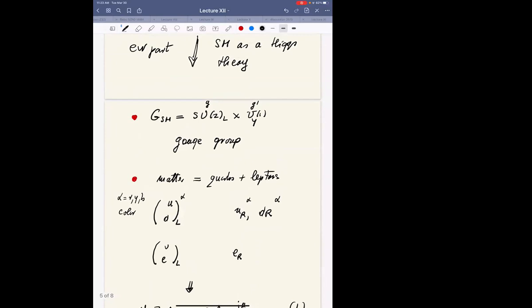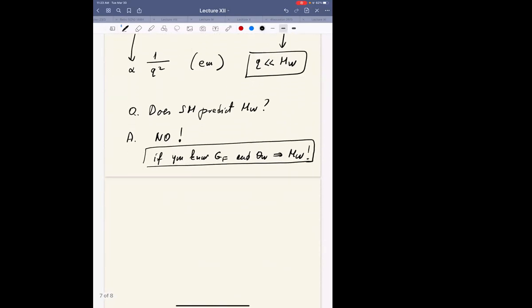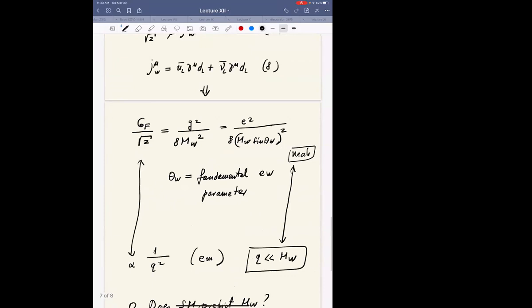So this was the part. I fixed the gauge group. The first part I did. I fixed the matter. And now I need the third. For us, the central part is the choice of the Higgs. What should I choose?